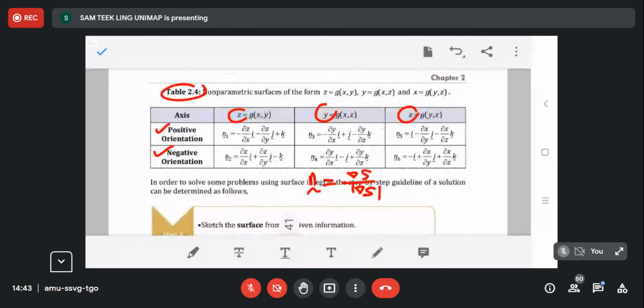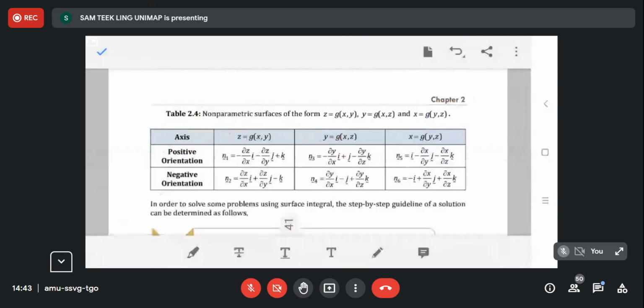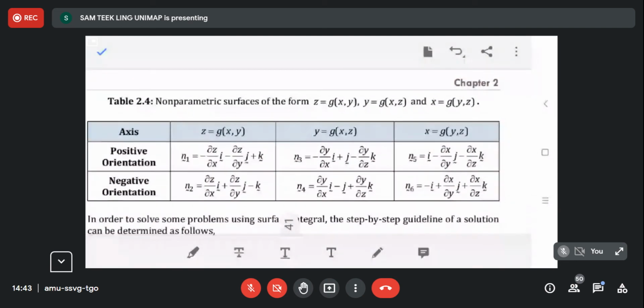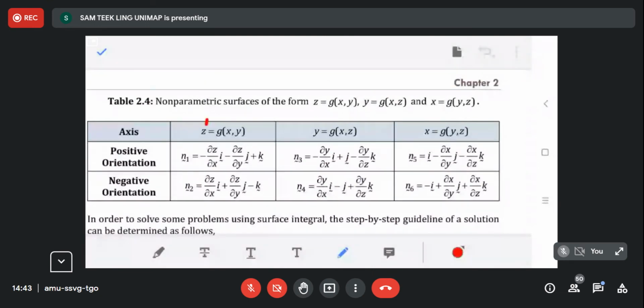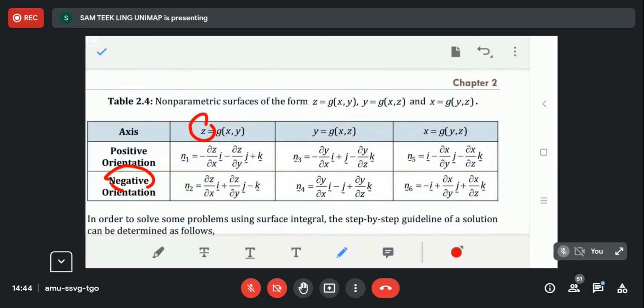Z axis, you can see here got 3 axes x, y, z. In our question, we want the z axis, then downward orientation is negative, and upward orientation is positive. So when you read the question, read until the end. Don't stop halfway. So z axis, negative orientation, downward.